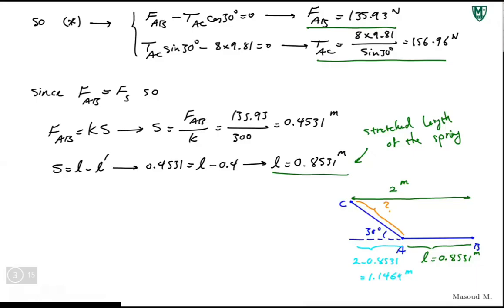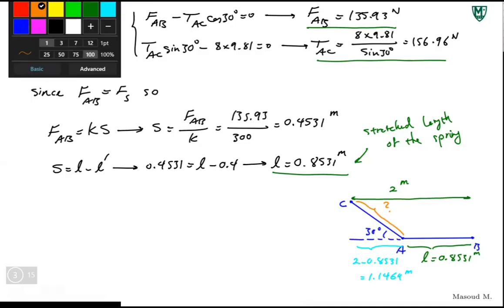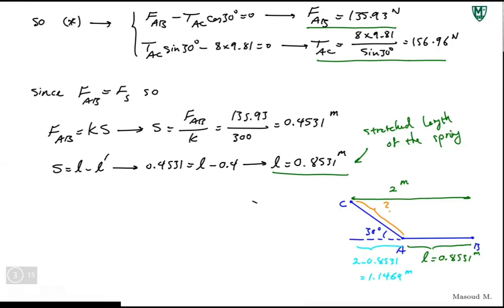So now I have a triangle here. Look at this CA part. Let me be consistent and use color. So now I have a triangle here. This is C, this is A. I know it's this length, 1.1469.